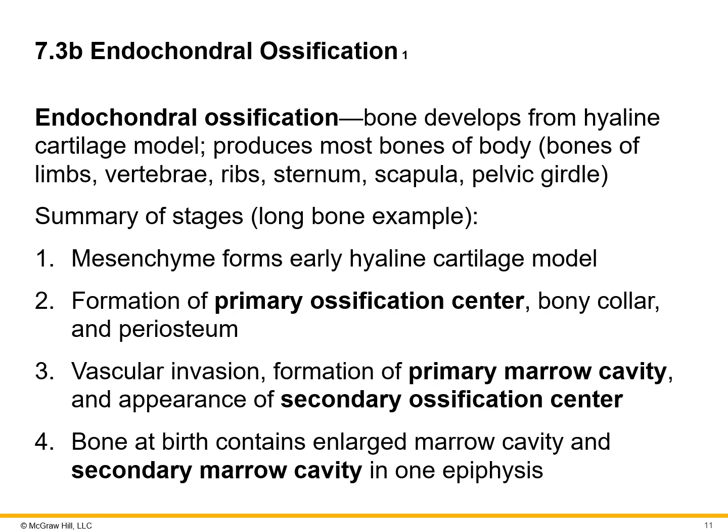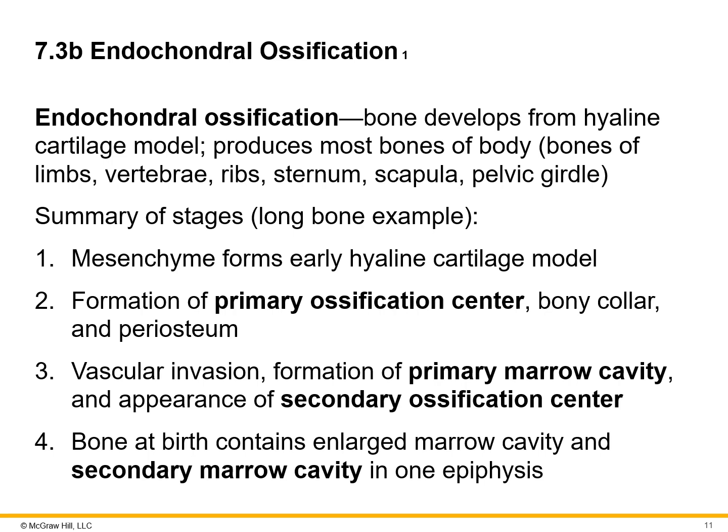So the stages of endochondral ossification, if we use a long bone for an example, is that the mesenchyme is going to form an early cartilage model. Right? Instead of going directly to bone, we're going to have cartilage built by chondroblasts.